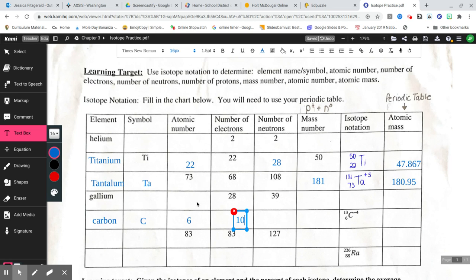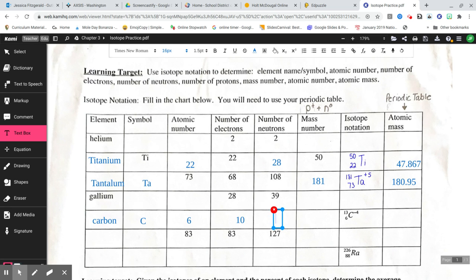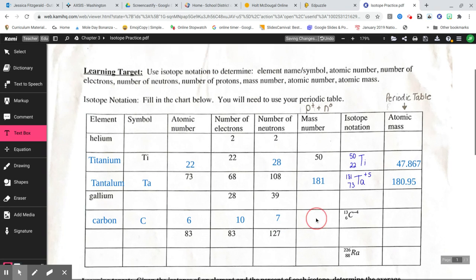Remember, atomic number is the same as your number of protons. To find your number of neutrons, we're going to take 13 minus 6. So that's going to give us 7. And our mass number is going to be 13.